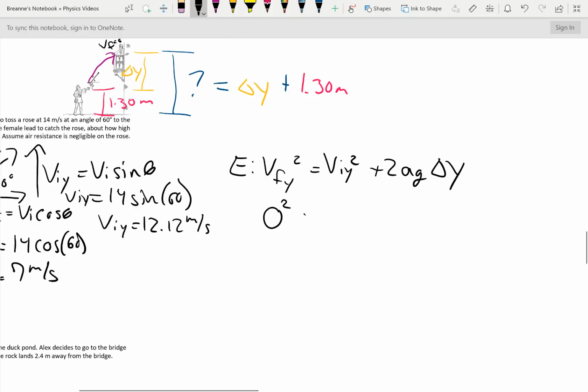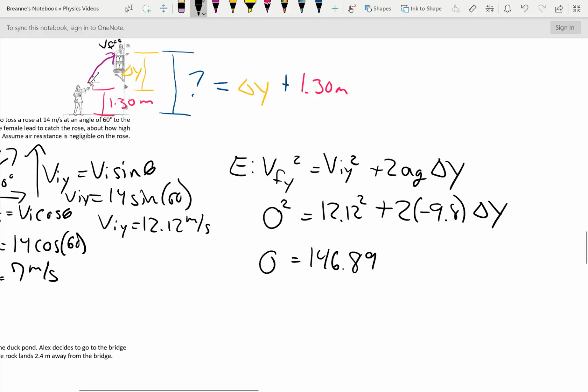So final would be 0, initial would be 12.12 squared plus 2 times negative 9.8 times delta y, which we're looking for. 0 squared is just 0. 12.12 squared is 146.89. 9.8 times 2 just gives you a negative 19.6 delta y.